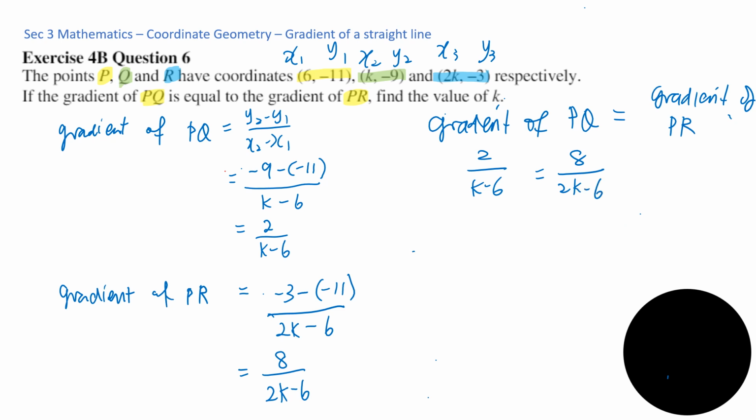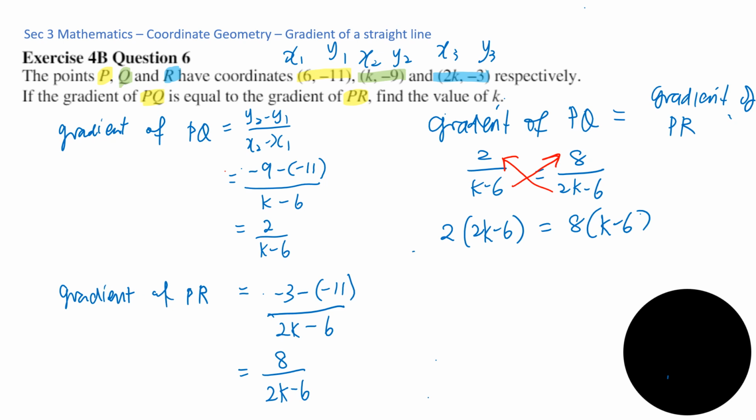You can cross multiply now. The k minus 6 cross up. 2k minus 6 also cross up. Which will give you 2 times 2k minus 6 equals to 8 times k minus 6. Okay, so same thing.